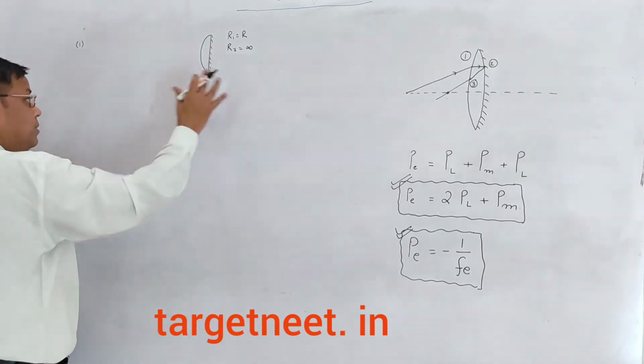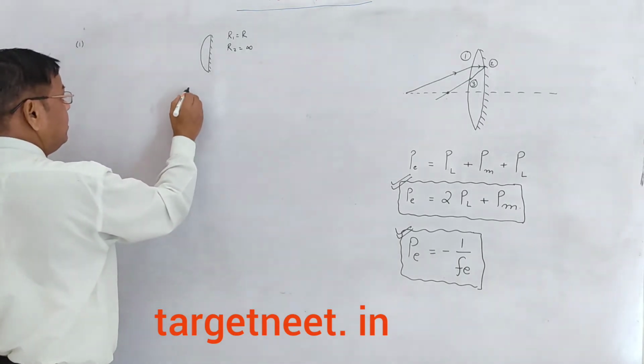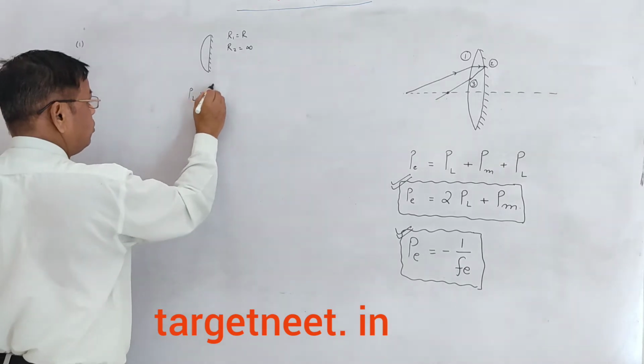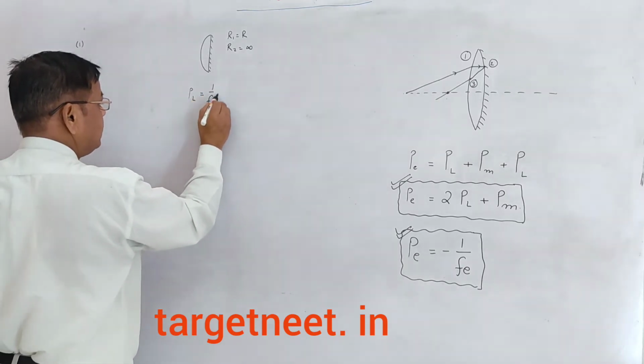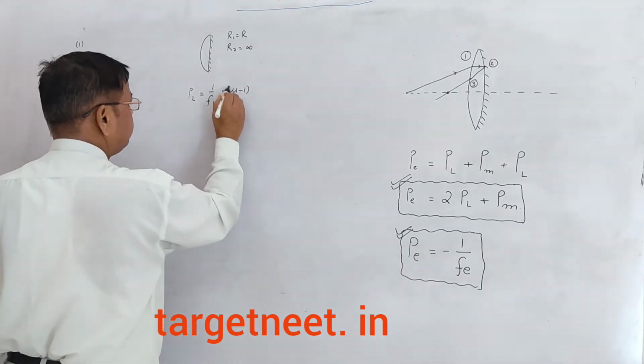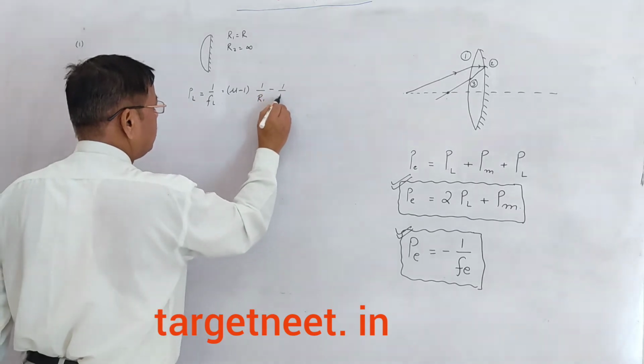The power of lens is 1 by f equals mu minus 1 times 1 upon R1 minus 1 upon R2.